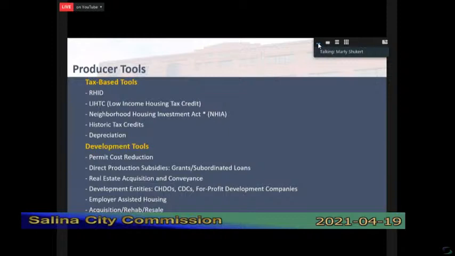So RHIDs or TIFs are tax-based production tools. They don't involve an outlay of money at the front end by the municipality. The LIHTC program, or Low Income Housing Tax Credit, was created a number of years ago and provides an investment tax credit to equity investors in low and moderate income projects.